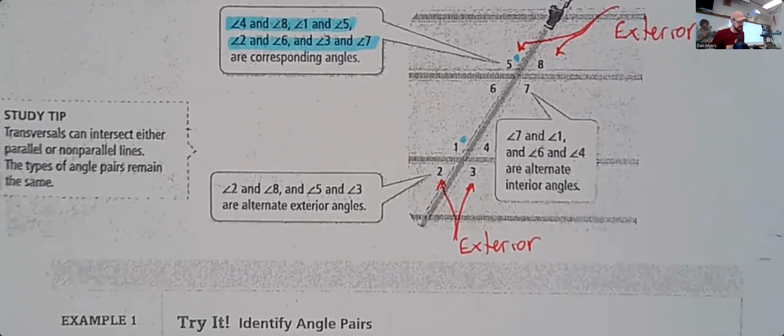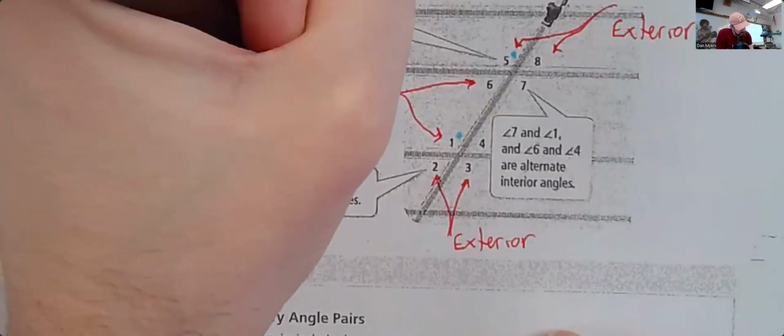So which ones are interior? Which angles are in between the 2 parallel lines? 4. Yeah, what else? 1, what else? 6 and 7, yeah. So there are 4 angles that are interior. There are 4 angles that are exterior.